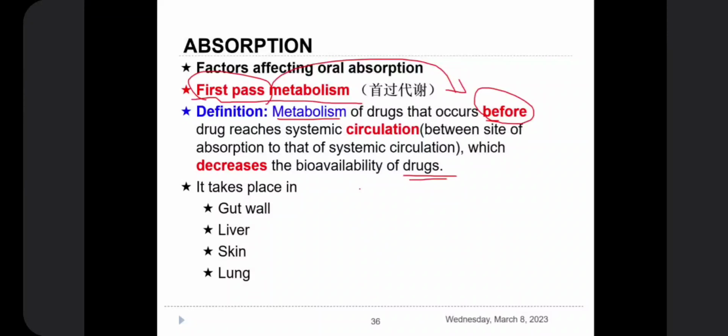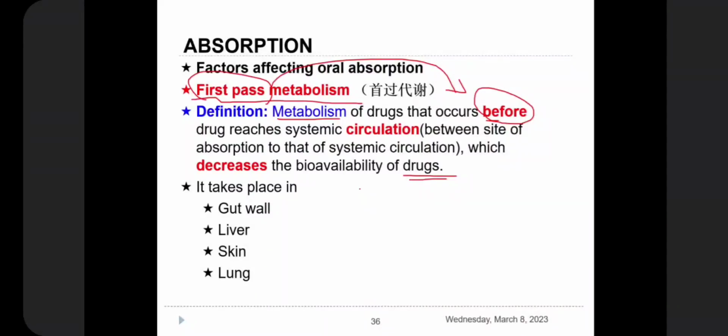It is still metabolism, but the metabolism does not occur after the drug acts in the body. It is before. Okay, do you understand? Before it reaches the systemic circulation, so we call that first pass metabolism. In some books it has another name, the first pass effect.